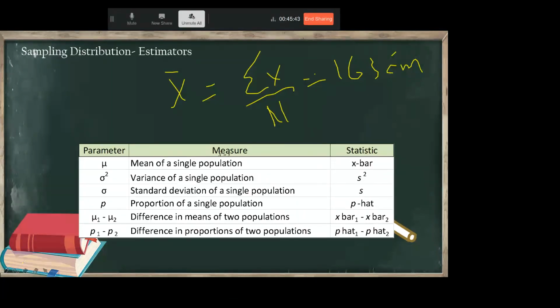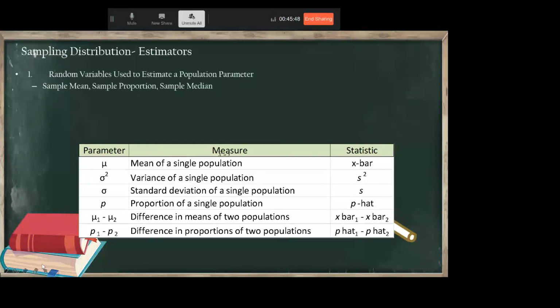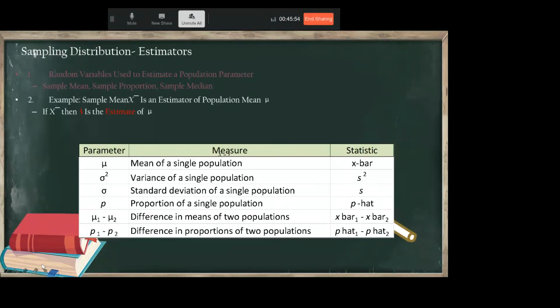So if I go further, I will have a random variable used to estimate a population parameter. That can be sample mean, sample proportion, sample median. I gave you a couple of examples to make the concept clear. The theoretical basis is the sampling distribution.